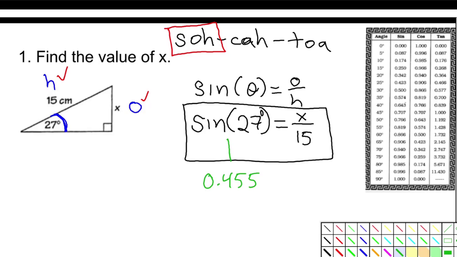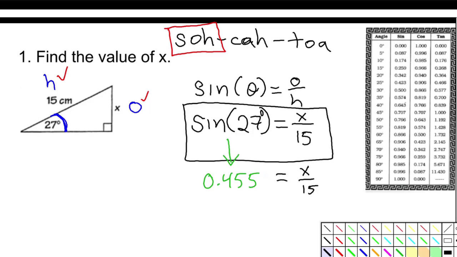So just from the app, this ratio has to equal the ratio that's on our problem here. And that's basically what we're doing. All we're saying is, a triangle that has a reference angle of 27 degrees, the ratio between the opposite and the hypotenuse will be equal to this value. So we're able to write an equation.